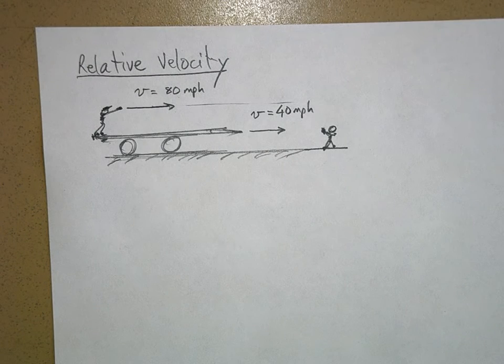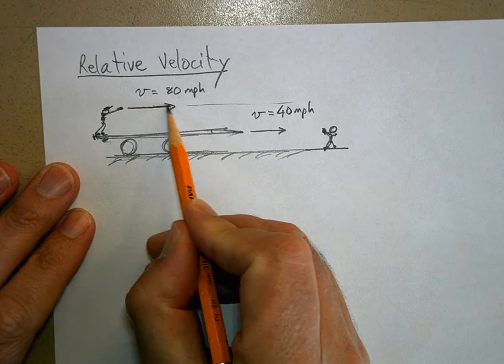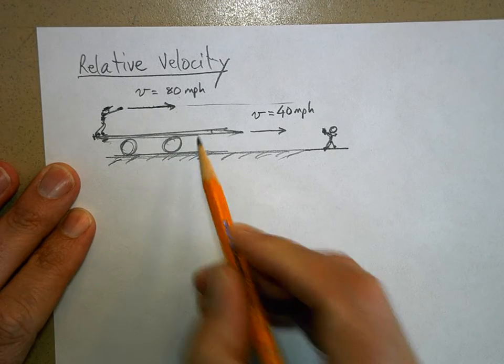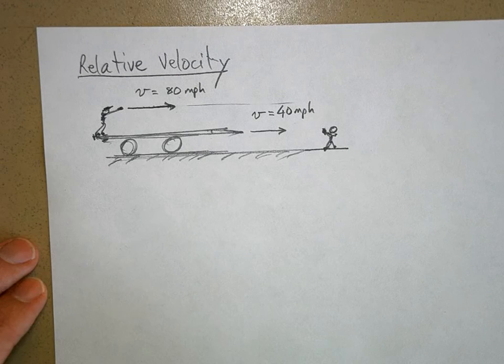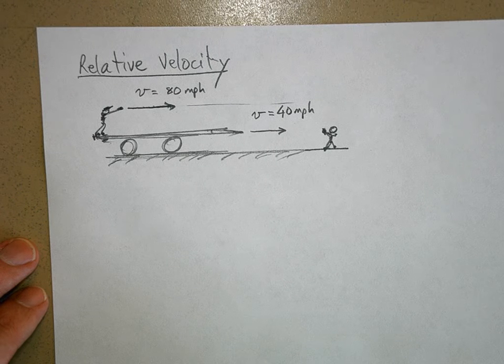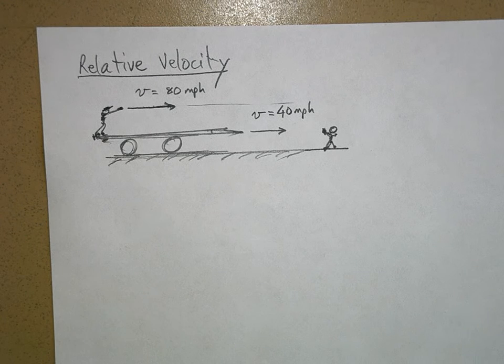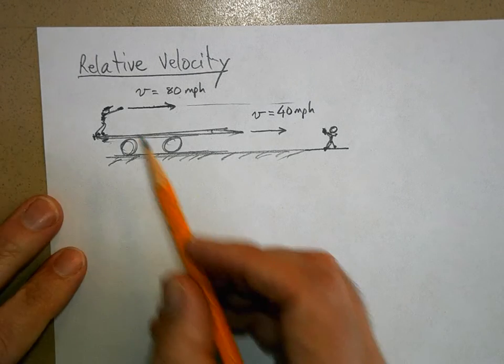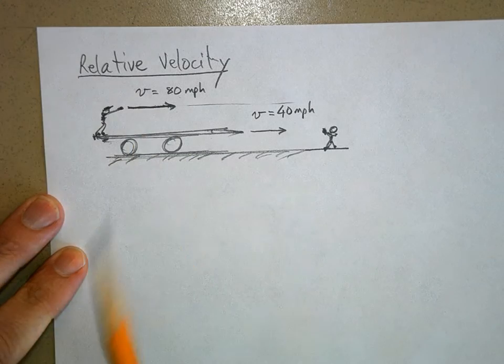Is this 80 miles per hour with respect to the train, or with respect to the ground? You see what I'm saying? It matters, doesn't it? So we have to say what our velocity is relative to, or with respect to.